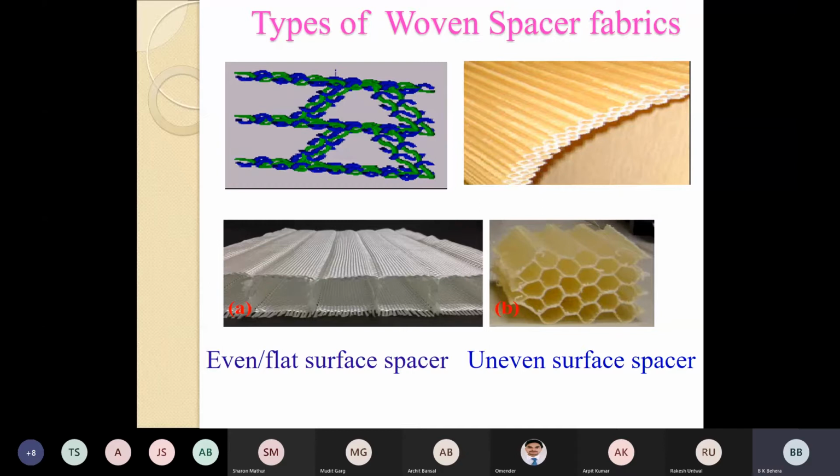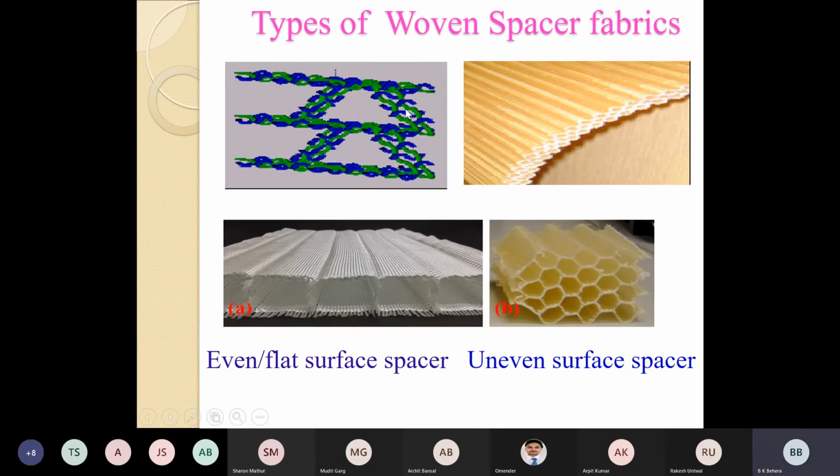Broadly, we find two types of spacer fabric. On the right hand side, this is a honeycomb. This is another kind of spacer, double layer. We can have a triple layer spacer also.